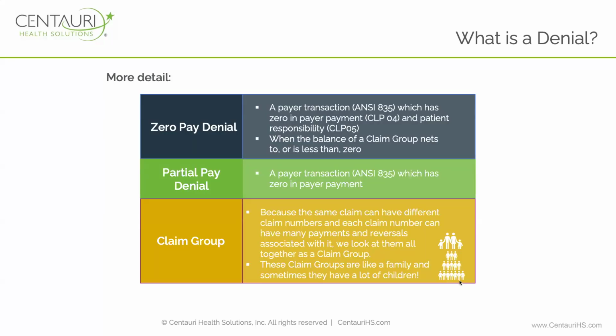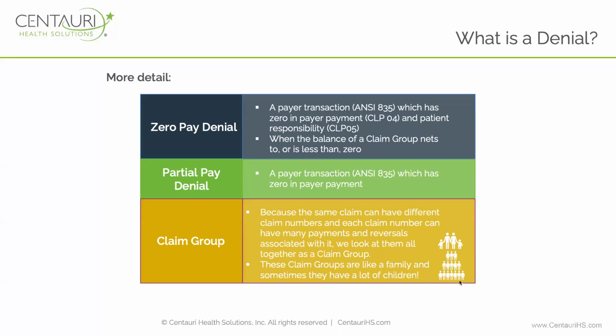I thought I had a picture of this, but I don't think I do. On the claim group, you send out a claim, you get a remit, you send out another claim, and you go back and forth. I actually have a system for tracking the number of remits associated with one initial claim.